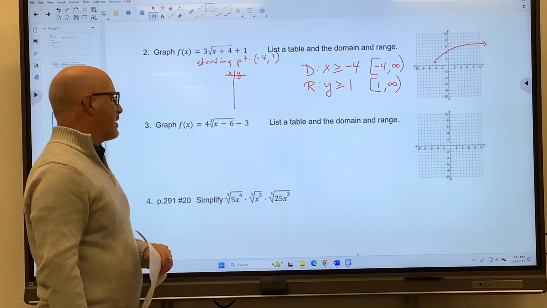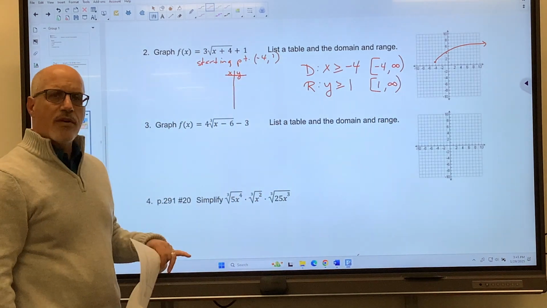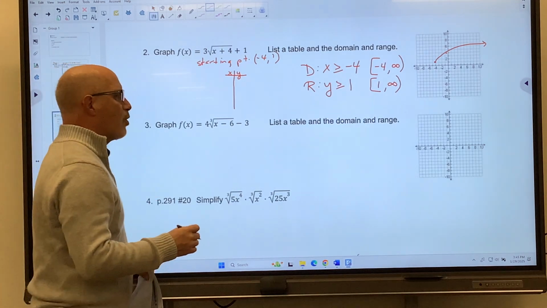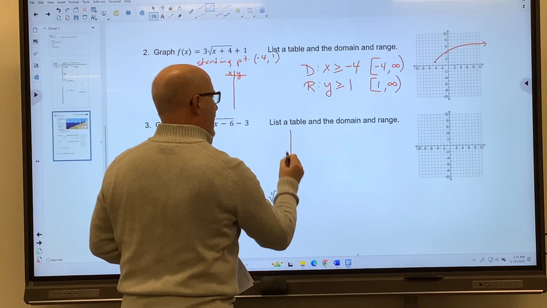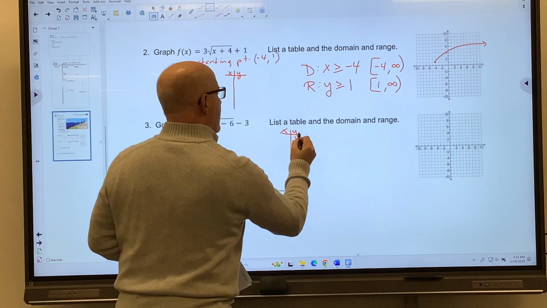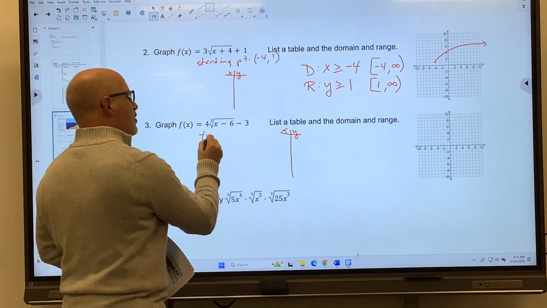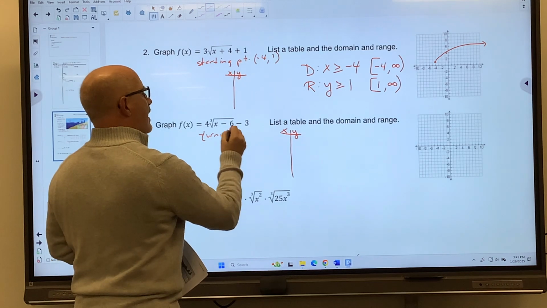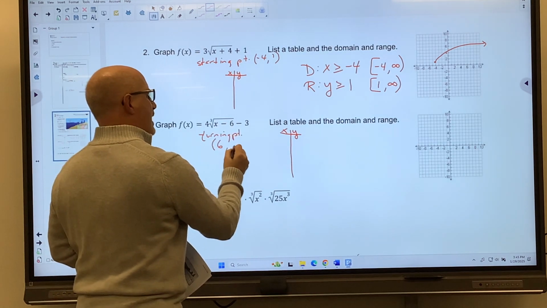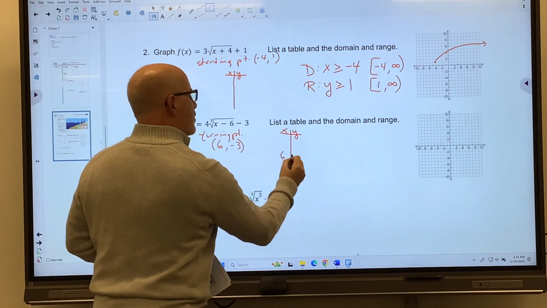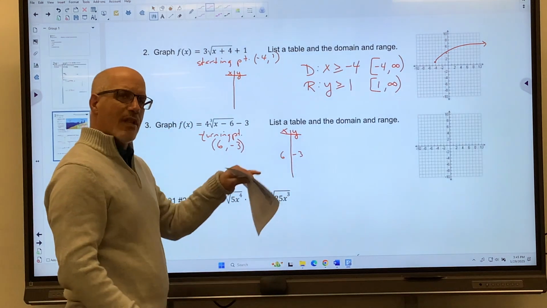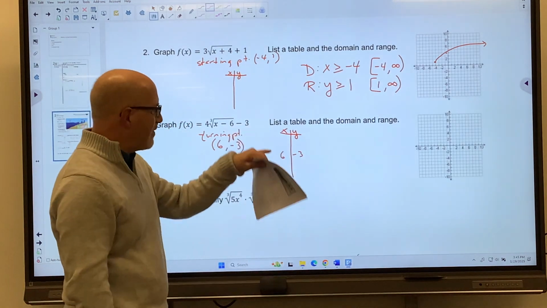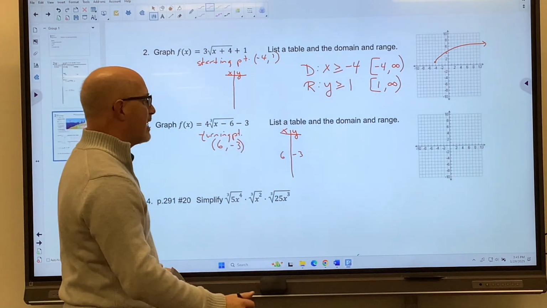All right, let's take a look at this cube root. Again, the 4 in front is going to make it go up more. You want to make sure you do a table from your graphing calculator, but this one's going to have a turning point. So the turning point is going to be, in this case, 6, negative 3. You'll put that turning point in the middle of your table. Get values less than it and values greater than it in order to see that turning point.